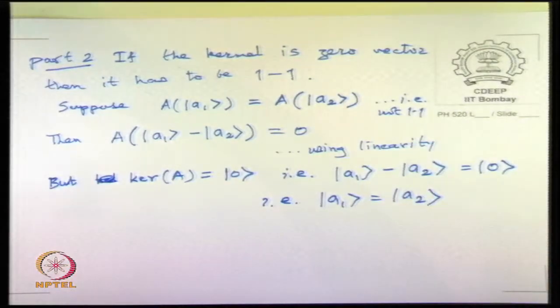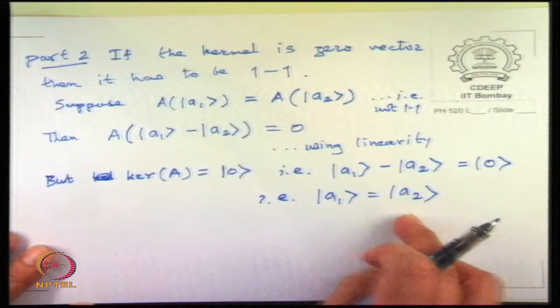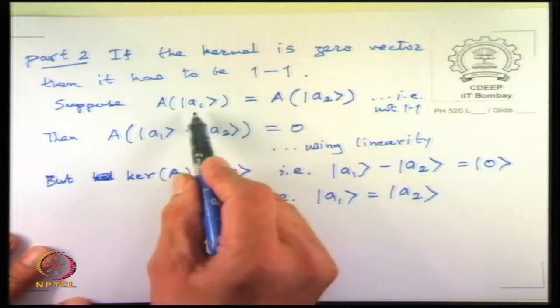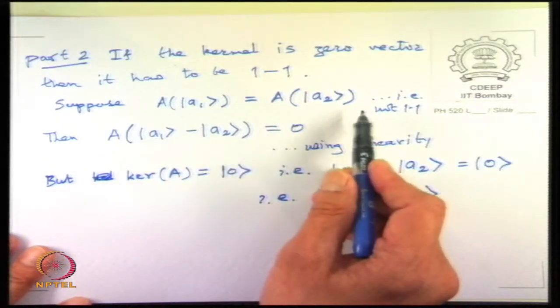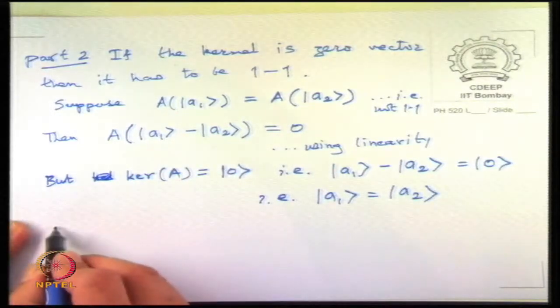If the difference between two vectors is the 0 vector, then the two vectors have to be same. So the proposal that two distinct vectors have same image is not possible.